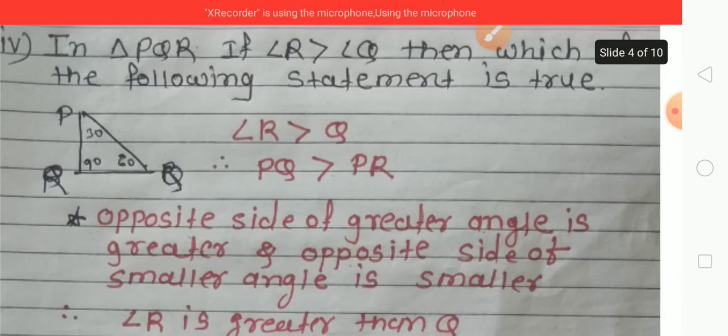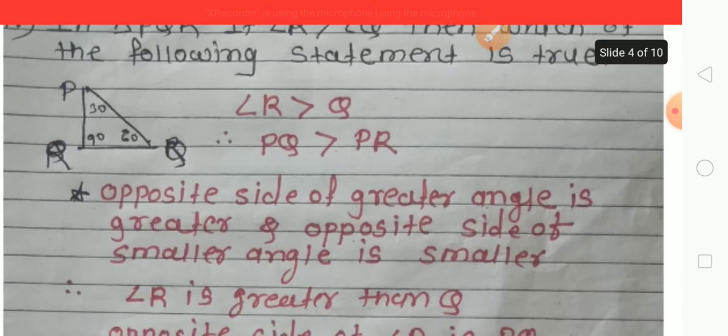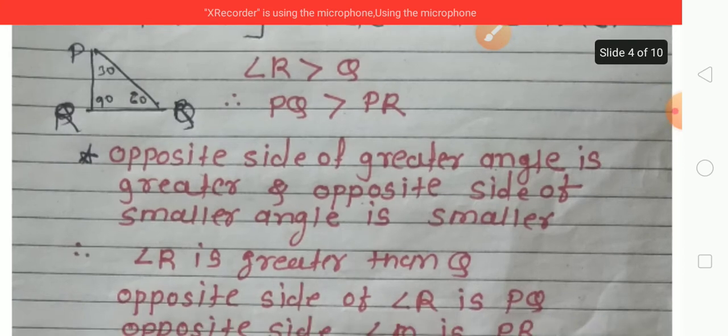The rule is that the opposite side of a greater angle is greater, and the opposite side of a smaller angle is smaller. If the angle is greater, then the opposite side of that angle is greater. If the angle is smaller, then the opposite side is smaller.